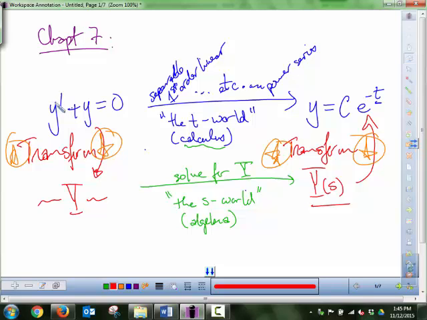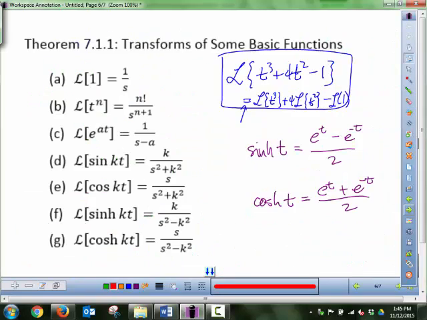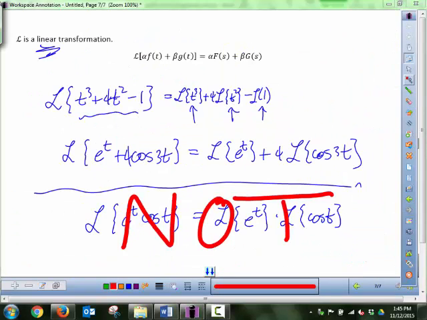We should be able to take a derivative of some unknown function into the S world, right? So let's do that now.